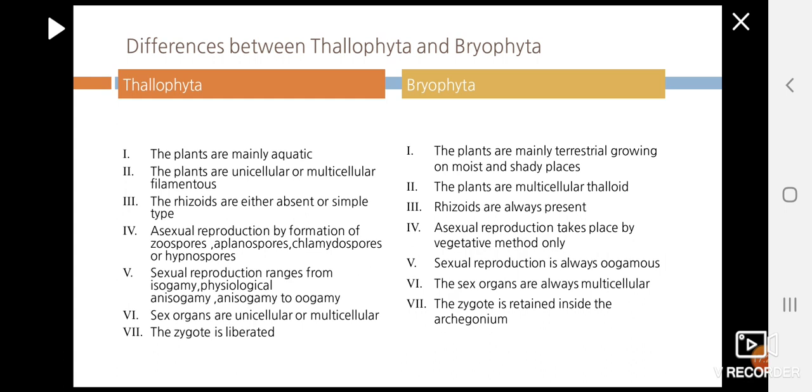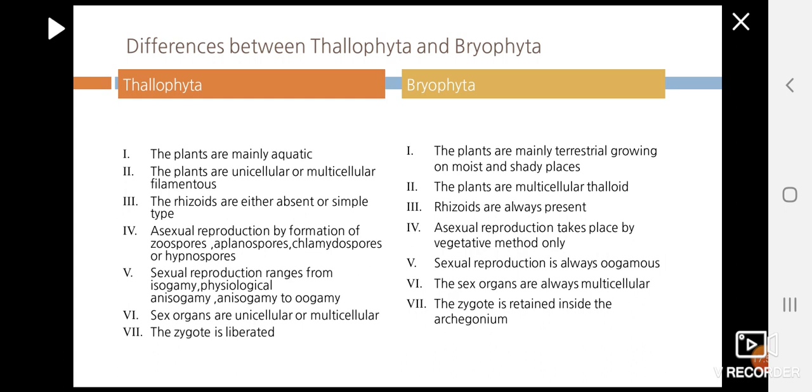In case of Thallophyta, the asexual reproduction takes place by the formation of zoospores, planospores, chlamydospores, or hypnospores. But in case of Bryophyta, the asexual reproduction takes place by vegetative method only. Sexual reproduction ranges from isogamy, physiological anisogamy, anisogamy to oogamy in case of Thallophyta, whereas in case of Bryophyta, it is oogamous type.